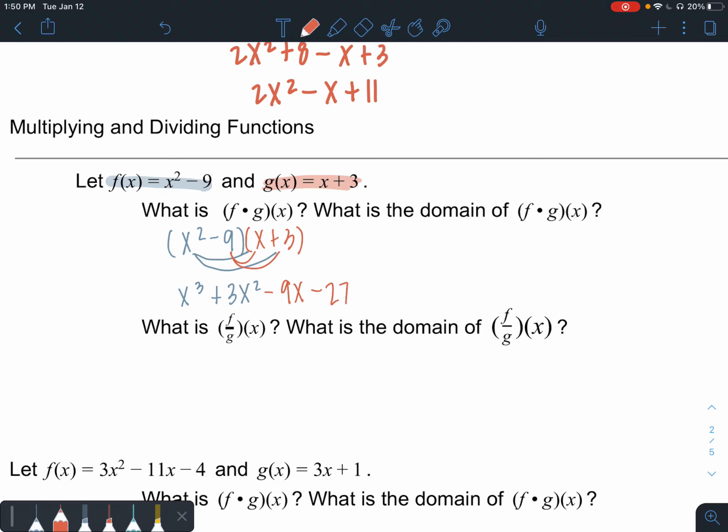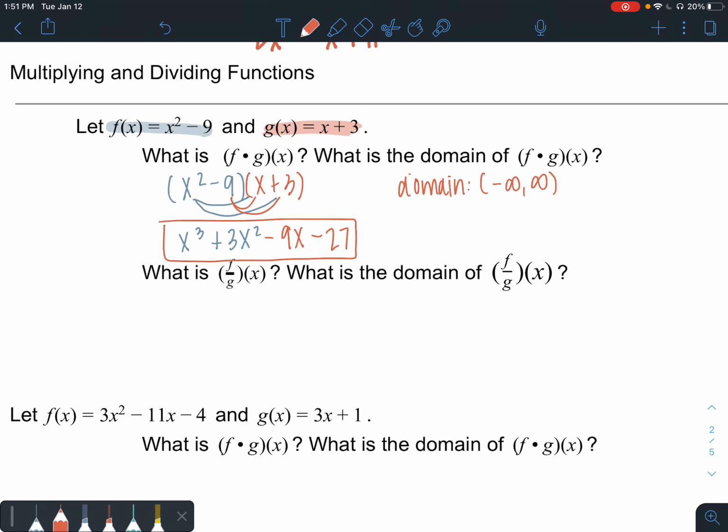Then we'll combine like terms, so we get, actually, you know what, that's it. This was standard form right here, just different colors. And then the domain, we don't have any fractions and we don't have any roots, so negative infinity to infinity is the domain.